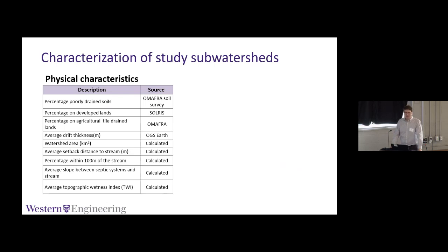We then characterize each of our sub-watersheds with a variety of physical characteristics linked to septic system performance, such as poorly drained soils, percentage of septic systems on tile drainage lands, the area of the watershed, the drift thickness in our areas, and setback distance.